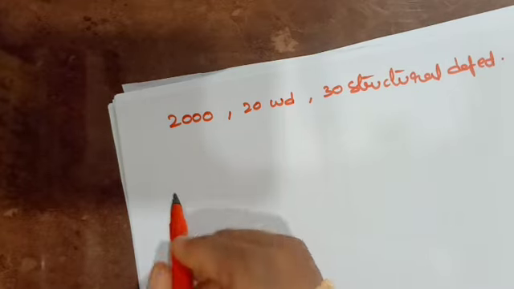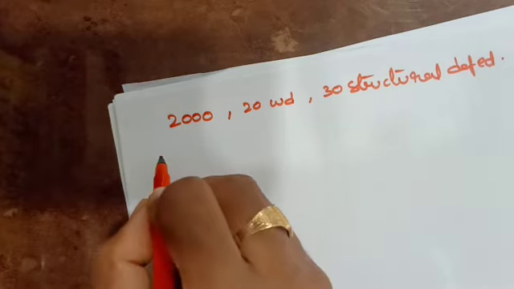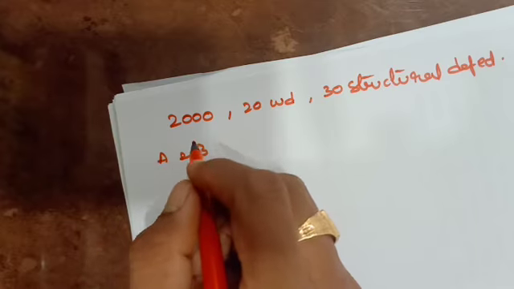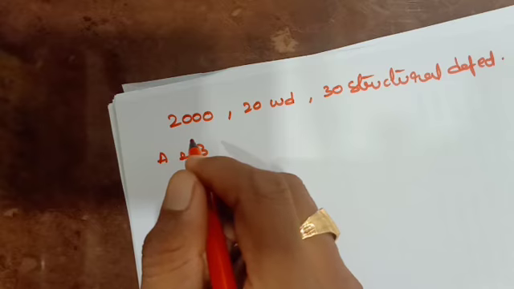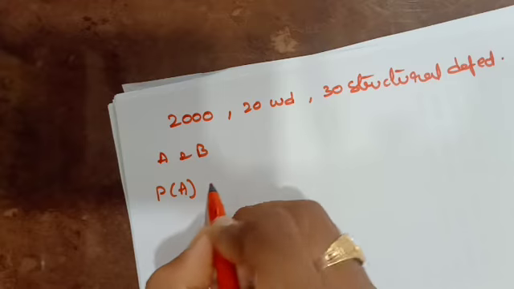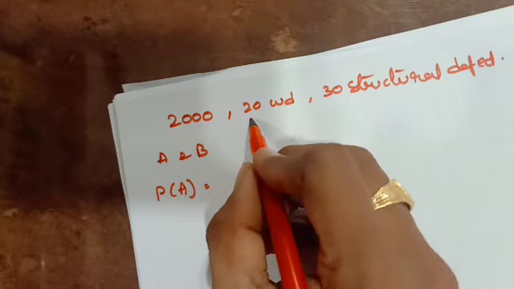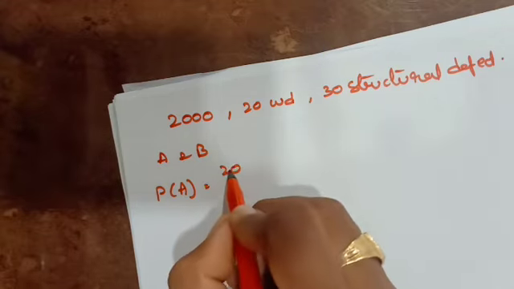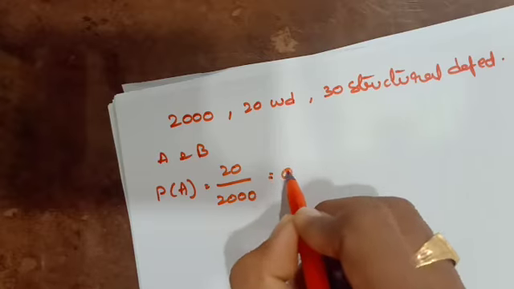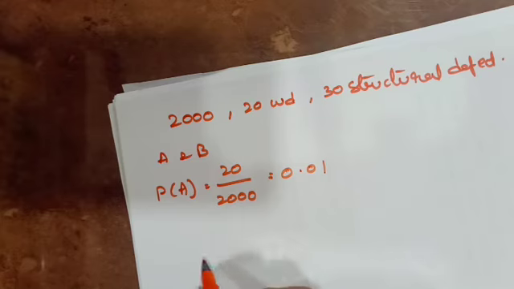Let us consider events A and B, which are having a working defect and a structural defect. P(A), the working defect, is 20 by 2000, which becomes 0.01.